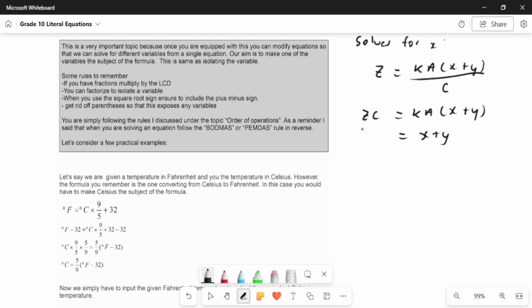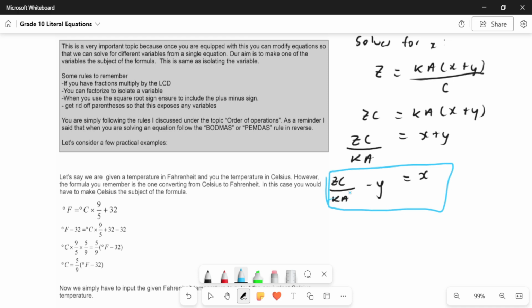So x plus y is equal to zc over ka. And then I'll say x is equal to zc over ka minus y. And that's how we solve for x. Right, very straightforward. So I need to solve for x, but the x is currently within the bracket. So I need to get rid of the brackets by dividing by whatever's in front of the bracket. So that's what that general rule is.